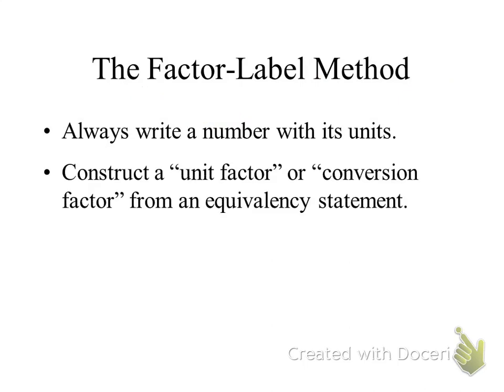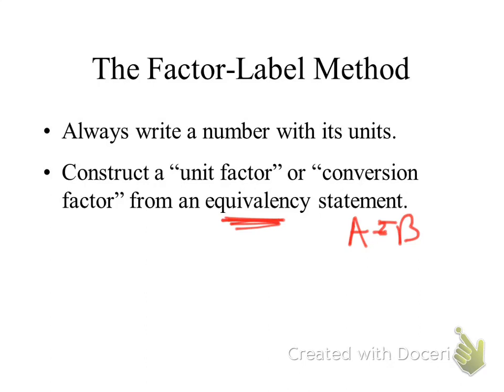So, I've been talking about equivalency statements. One of the keys to working problems with factor label is you have to take a flat equivalency statement and turn it into a conversion factor. For instance, if I say A is equal to B, that's an equal sign, not a Z, we could come up with 2 unit factors.